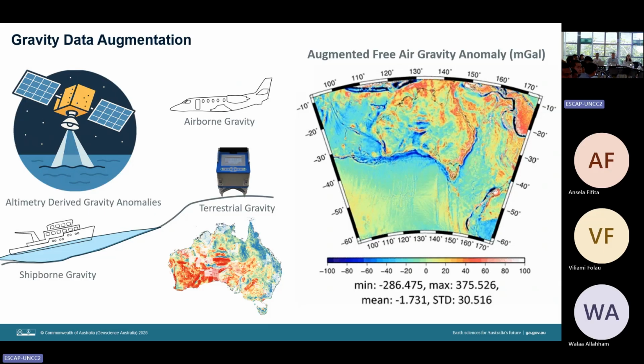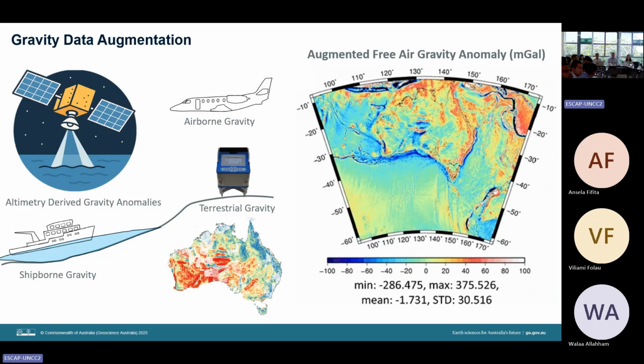It's also ideal to make sure that all of these various data sets are referencing the same gravity datum, so they're aligned as best as possible going in. The target product is really a regular grid of gravity anomalies, referenced to the Earth's topographic surface as defined by our digital elevation model.